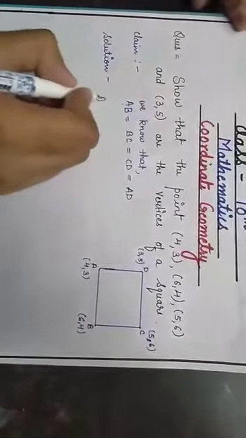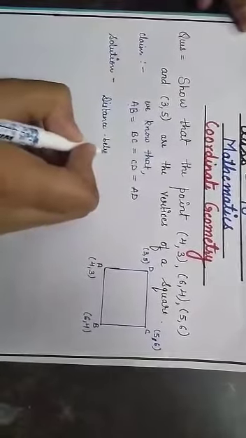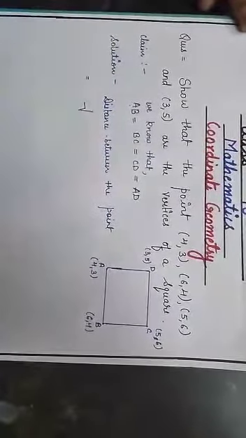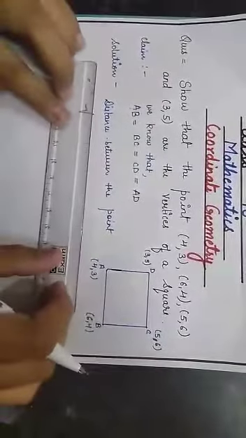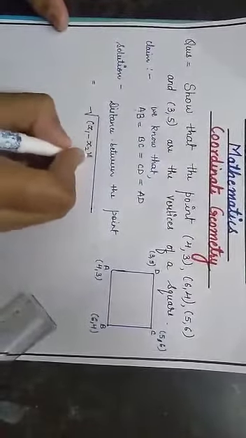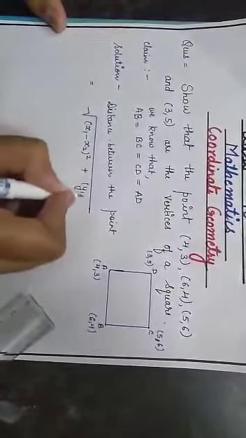Solution: now we have to find the length of AB with the distance formula. The distance formula is: distance between the points is under root (x1 minus x2) whole square plus (y1 minus y2) whole square.